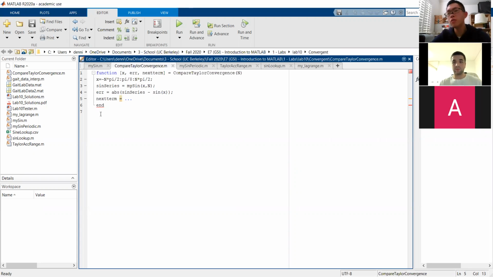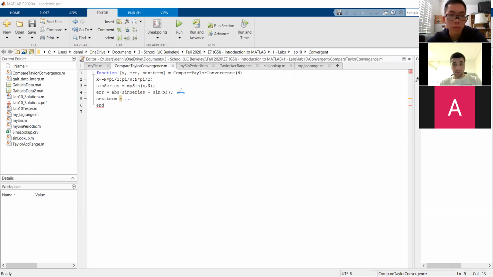So my sine is mostly based on the PDF. Taylor convergence is a test of my sine. How close is it to sine? You can see from the error over here: the absolute value of the sine series, which is the output of my sine, versus regular sine of x.